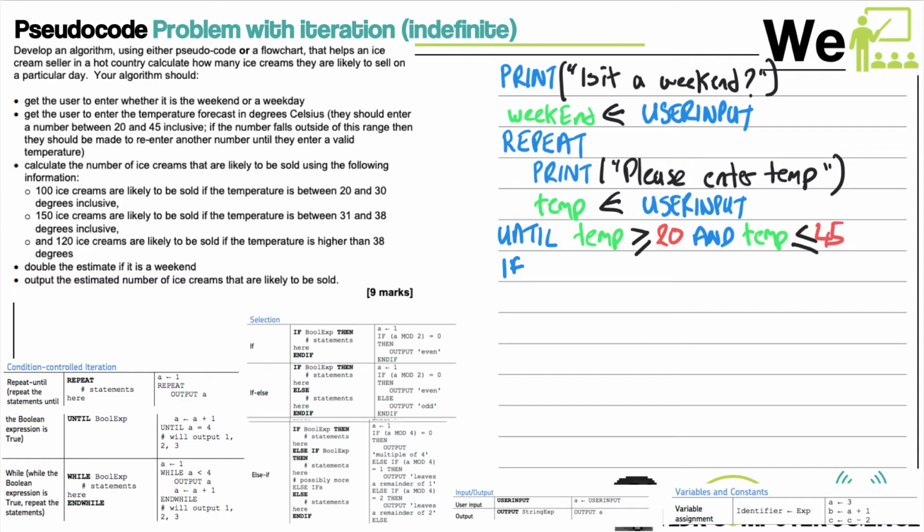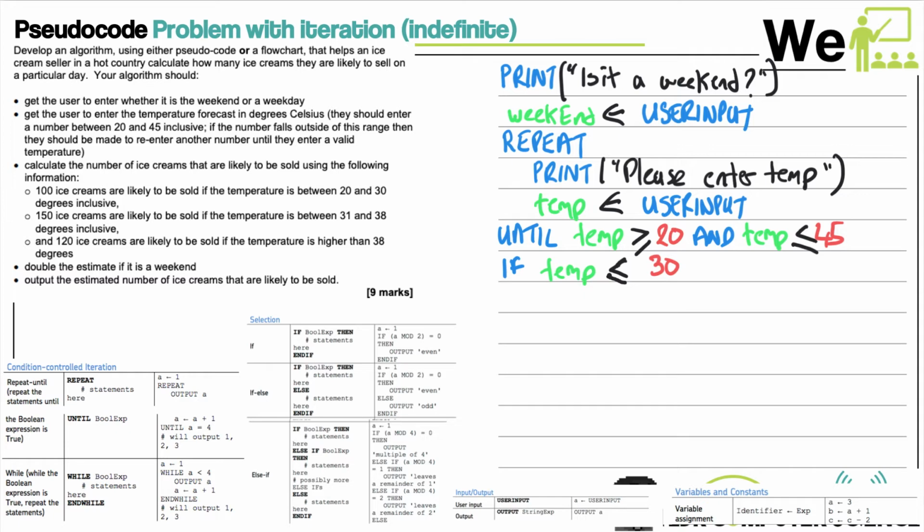You can't put a number lower than 20, right? So we're saying if temp is between 20 and 30 inclusive. If you said less than 30, you're not including 30. So again, you'd have to say less than or equal to 30.